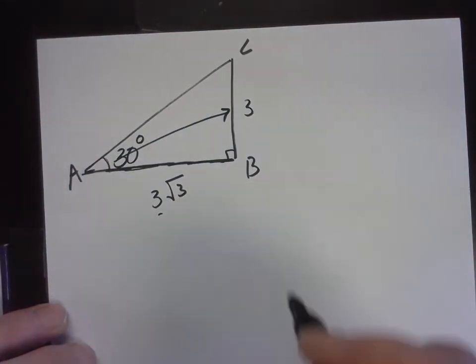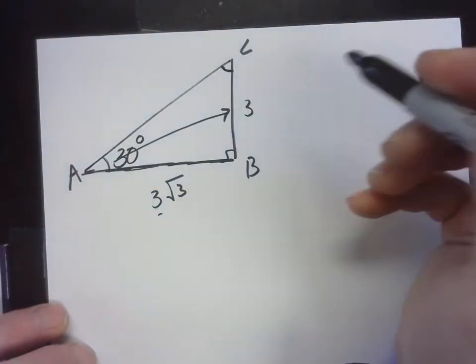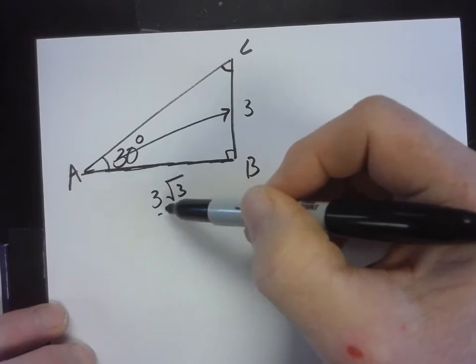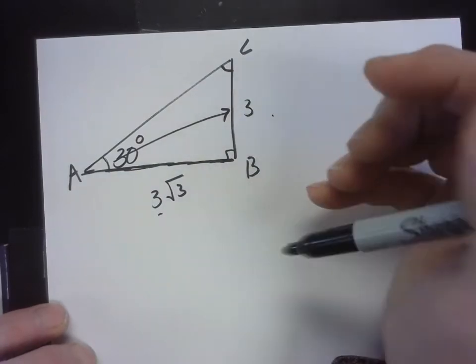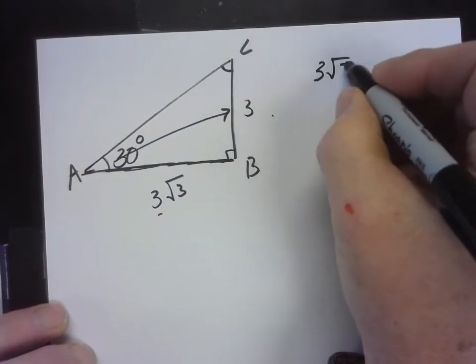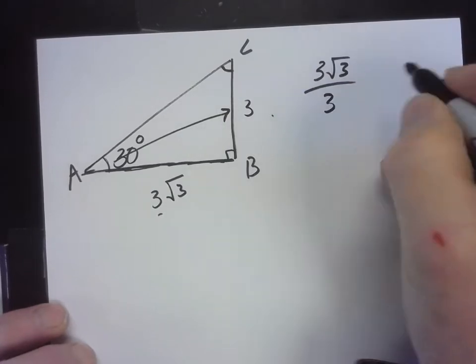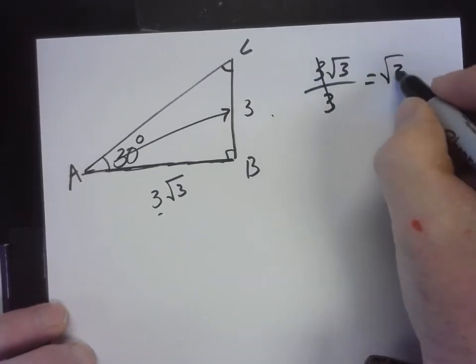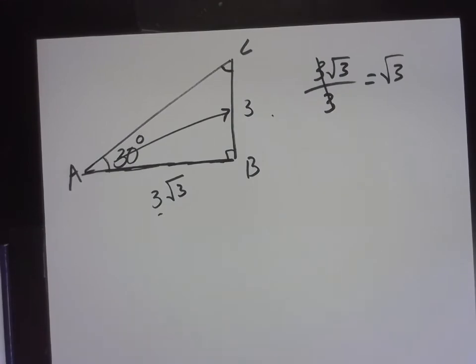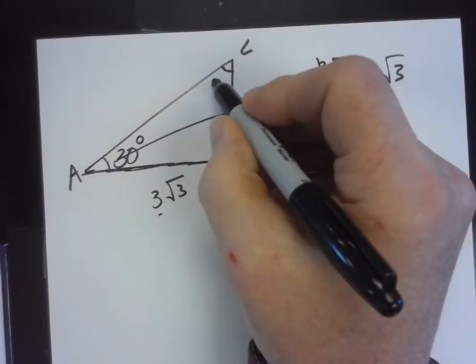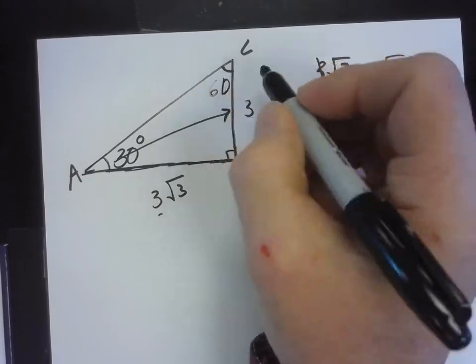And then, of course, up here, if the opposite side is divided by the adjacent side, so the opposite side divided by the adjacent side just gives us radical 3, then we know that this angle has to be what? 60 degrees.